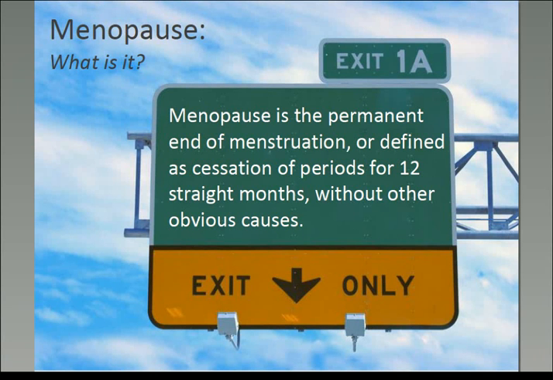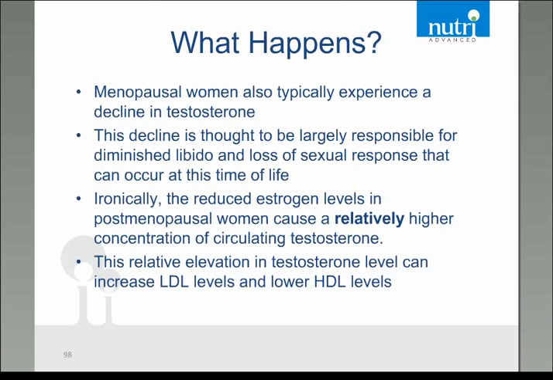Because the body's gone from having usually very high levels of estrogen, because many of the reasons why people have a hysterectomy is due to conditions that we've talked about, so fibroids or endometriosis. So then they have their womb and possibly their ovaries removed, or of course endometrial or ovarian cancer. So they've gone from having high levels of hormones to a very abrupt drop overnight.